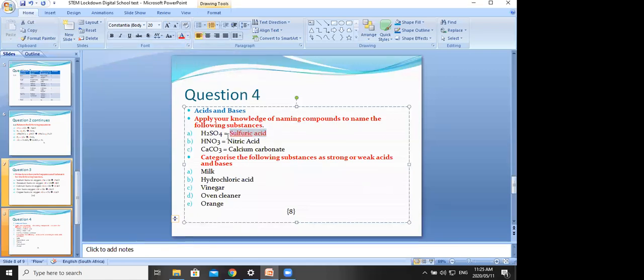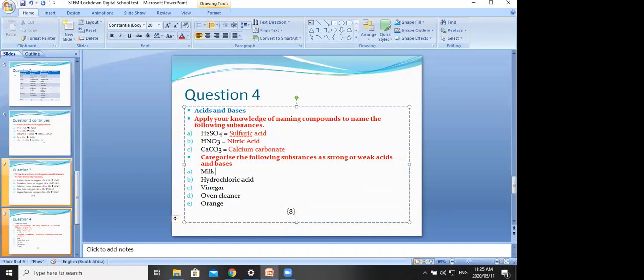And then the next question said to identify or categorize these substances. Are they strong acids or strong bases? Weak acid or weak base? So milk, is milk a strong base, a weak acid, or a strong acid?